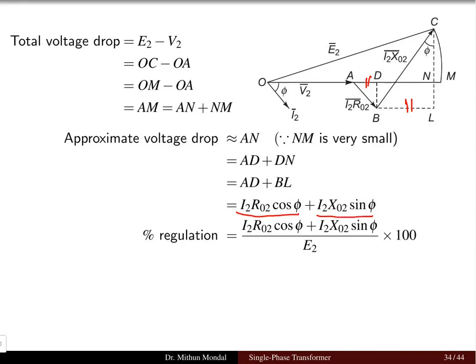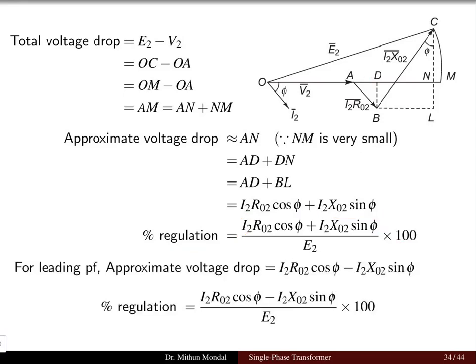And voltage regulation can hence be written as the total voltage drop, which is I2 R02 cos phi plus I2 X02 sin phi, divided by E2 into 100. This derivation is considering that the load is lagging in nature.